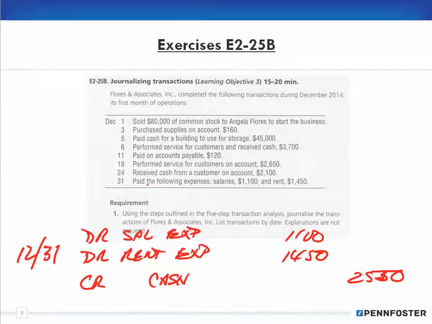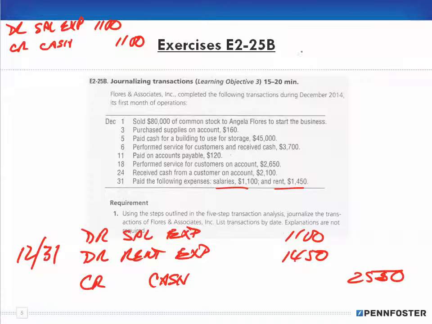I'm saying I'm paying the following expenses: salaries and rent. Well, let's say I'm paying each one separately. I know that I'm going to credit cash for the salaries of $1,100, and I'm debiting salary expense for $1,100.